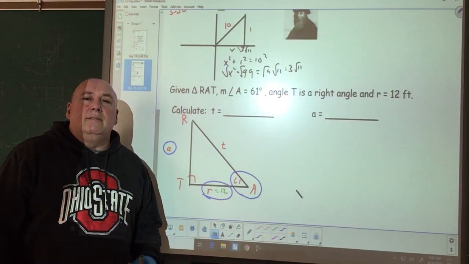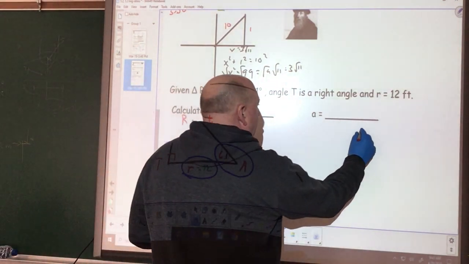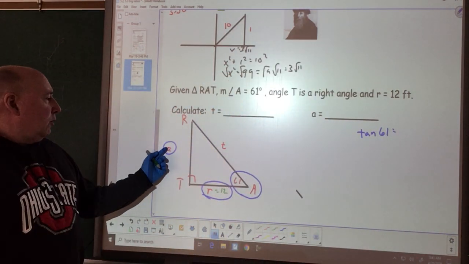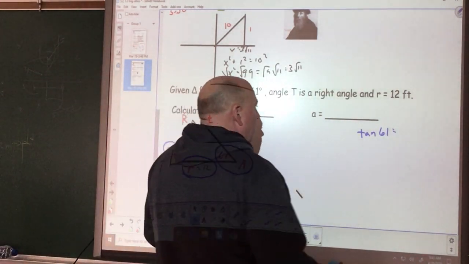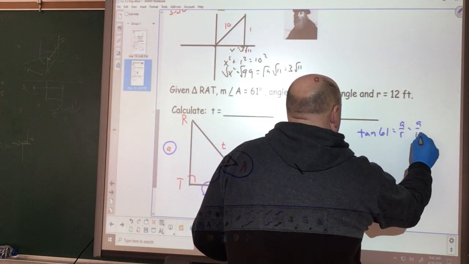That's a thinker. Well, if I take a look, I have the tangent of 61 degrees is equal to little a over little r. So we have a over r, which is a over 12.